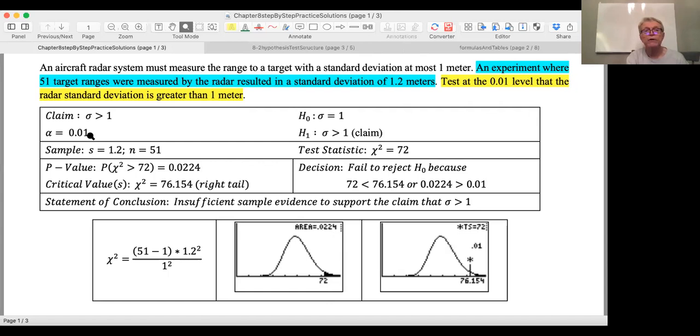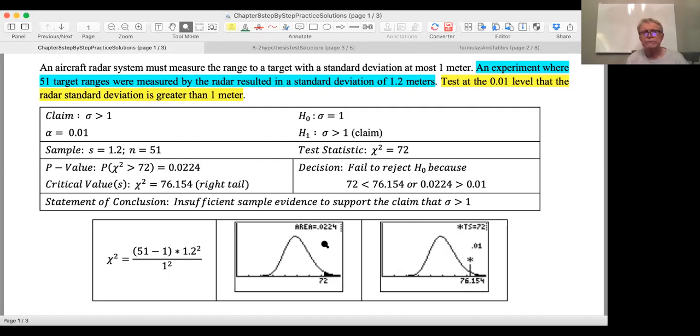Alpha is 0.01, and the p-value is bigger than 0.01. In order for us to say that the test statistic value we calculated is unusual or unlikely, the p-value would have to be less than or equal to alpha. This is greater than alpha, so our test statistic value is not unlikely in this case.